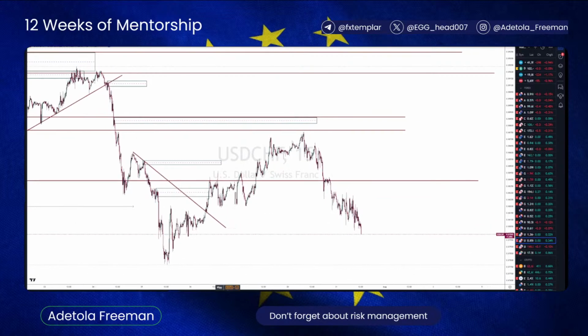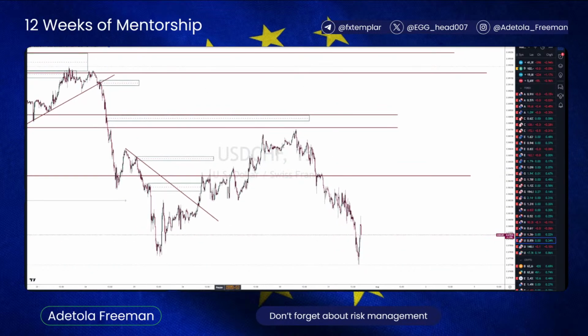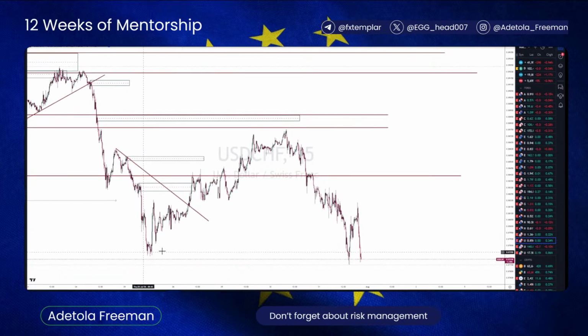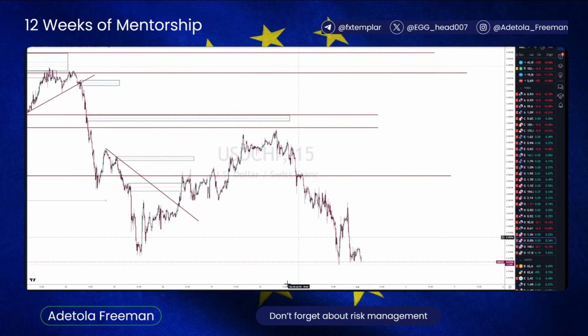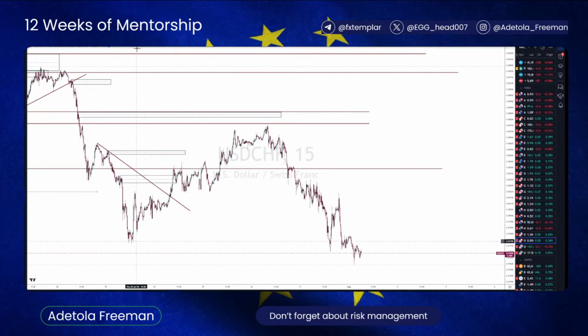Now, looking at this, it looks like price has already decided on what it wants to do. It didn't even get into the pivot completely. It just began to drop. Can you see that drop? And then we got another break of structure. Hold on, I'm showing you something.